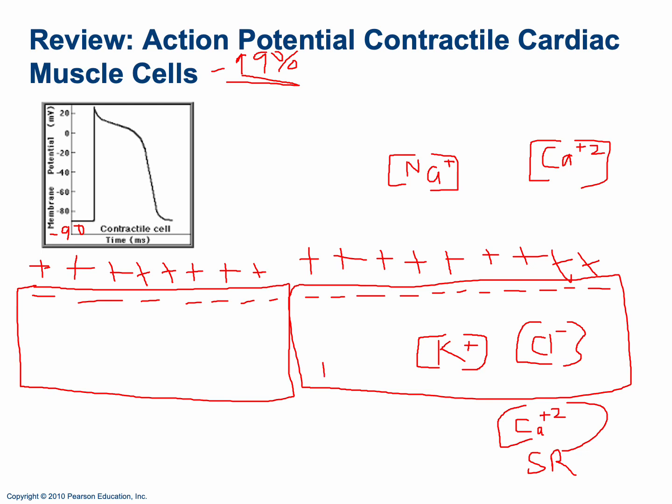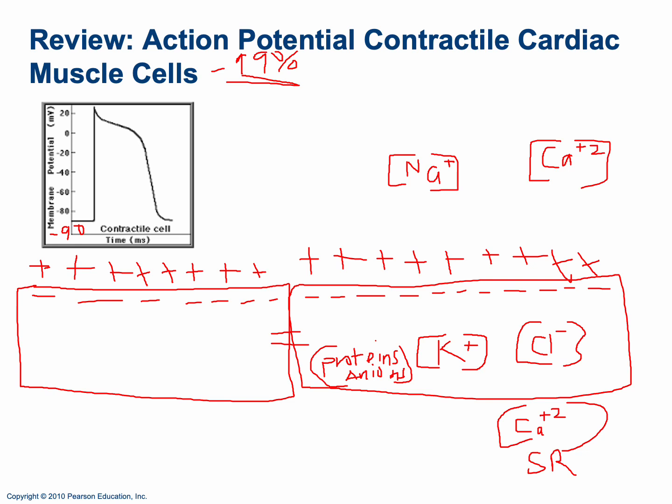You can also have protein anions too that can make it negative as well. So that gives you an idea. Negative in the cell, positive outside.